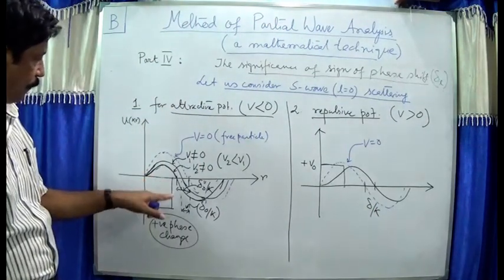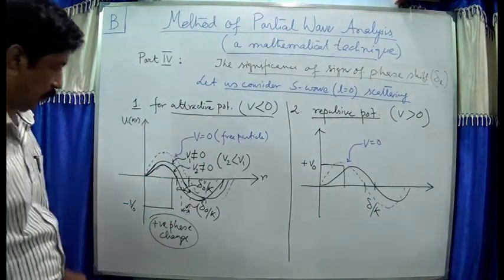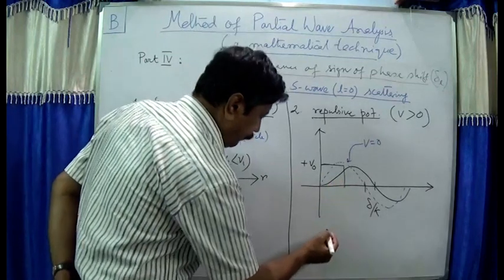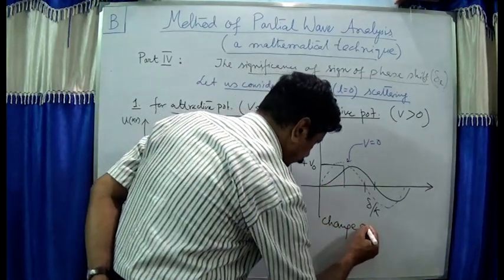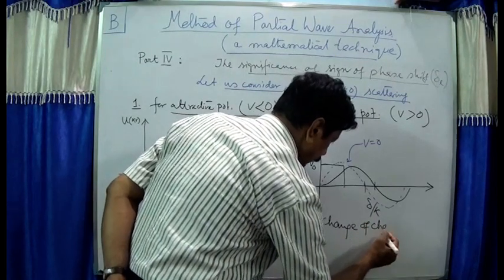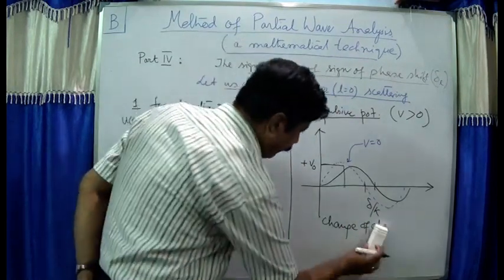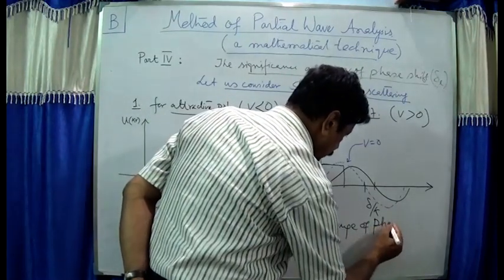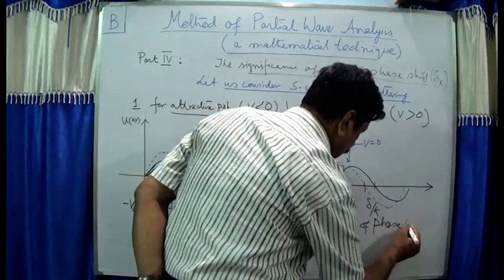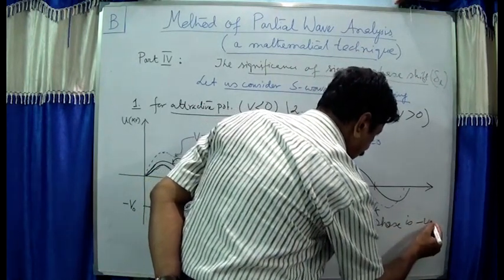Here the change of phase was positive, but for repulsive type the change of phase is negative.